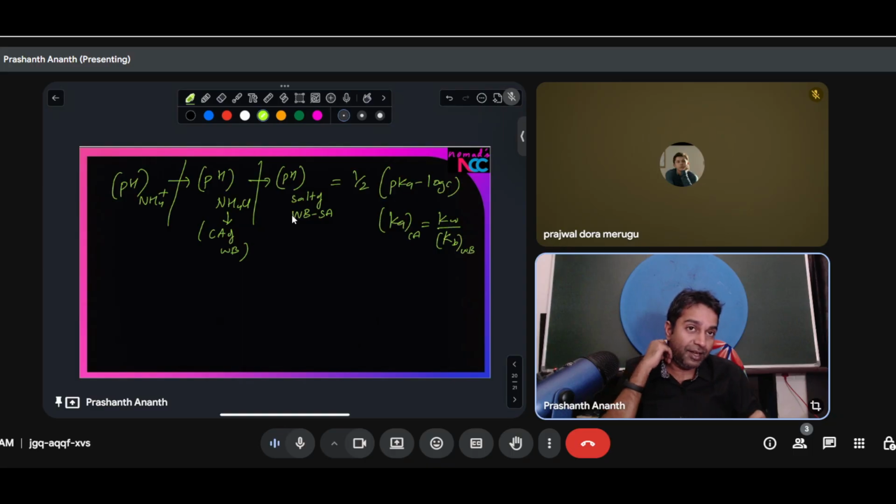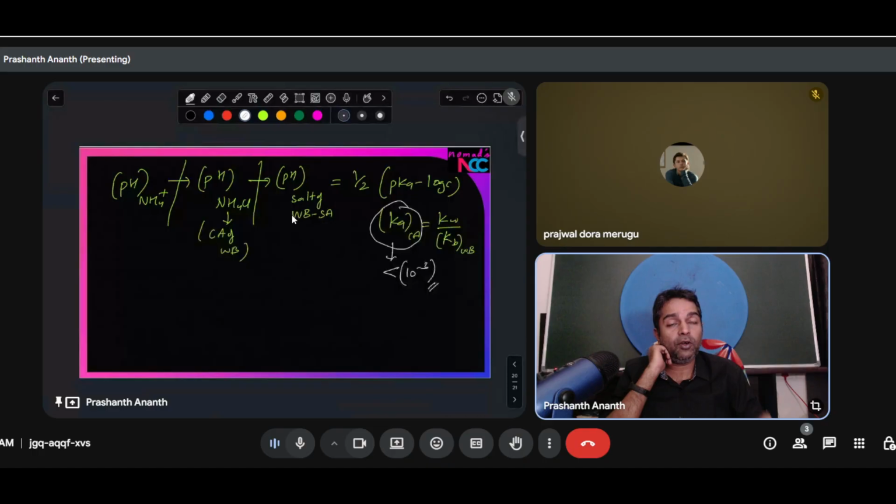Now, of course, in this case, ideally this equation should be applicable. One critical thing is the Ka for the conjugate acid should be less than 10 power minus 3. That is the necessary condition for this to be used over here. If it is not less than 10 power minus 3, you can't use this. So if I have Kb for the weak base being 10 power minus 17, what will happen then?